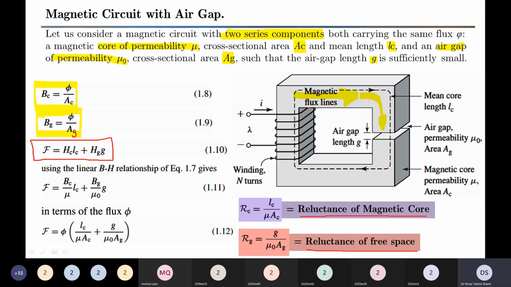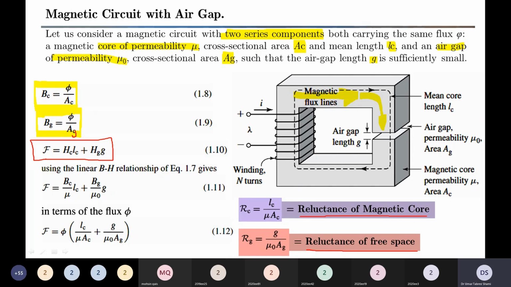So the answer is that the free space component will present large resistance, whereas the magnetic core, which has very, very large permeability, presents the least opposition to flux. So in general terms, flux will very easily pass through the core. However, flux faces difficulties when passing through the air. This is the conclusion of this slide.